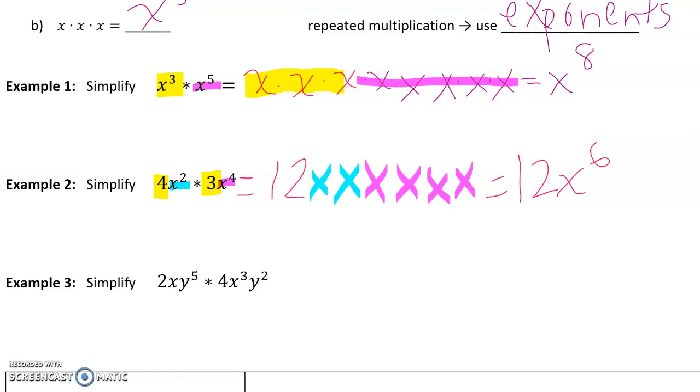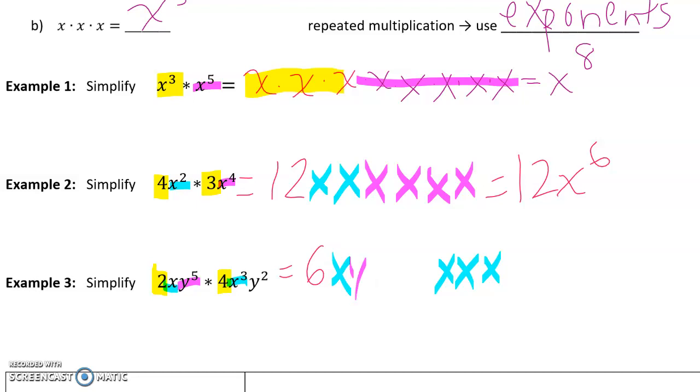All right, now in our third example, we have a couple different variables. Well, that's okay. We can list them all out and figure this out. First, let's look at our coefficients. 2 times 3 is 6. So let's first write that down. This is all multiplication, so now we look at our x's. We have 1 right here and 3 right here, so that would be 1, and then 1, 2, 3. Now we also have y's. I left a little space there to put them right next to each other.